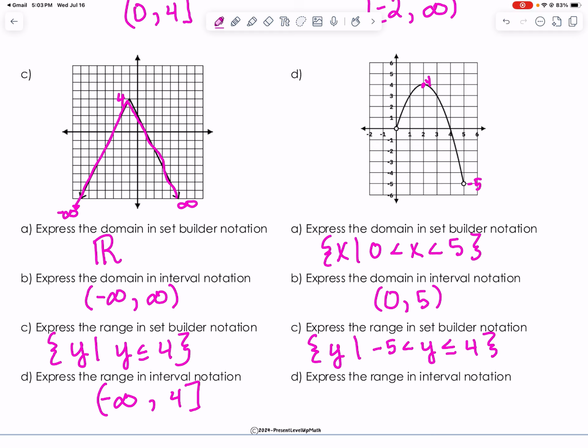And in interval notation, negative 5, comma 4, the 4 is included, the negative 5 is not. And that concludes today's lesson on domain and range.